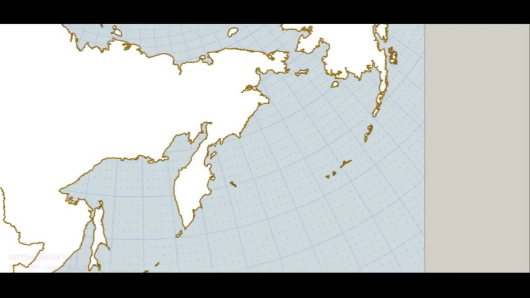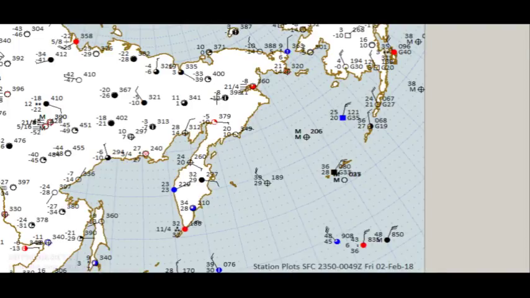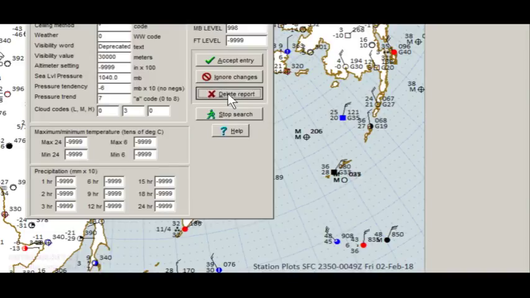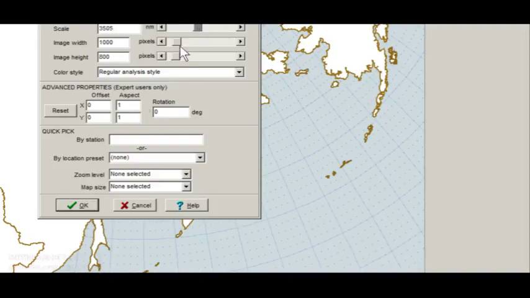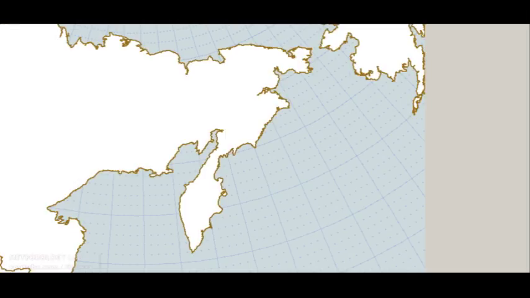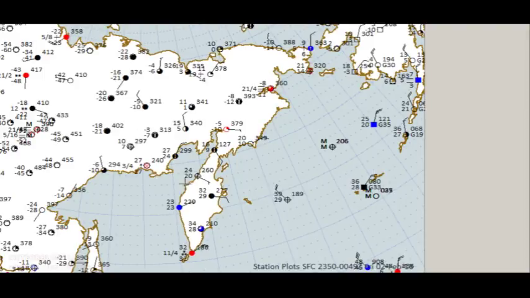And here we go. Yeah, let's see. I think that might be bad data. Let me get rid of that and replot that. I want to see just how warm it is over that part of Siberia.